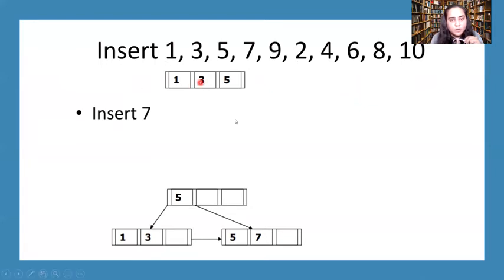But in this case, order 4 is an even number. So when you put 7 here, it becomes 1, 3, 5, 7, and now there is no middle value. You have 3 and you have 5, both are in the middle. So you can pick any one you like. You can choose to pick either the smaller value or the larger value.